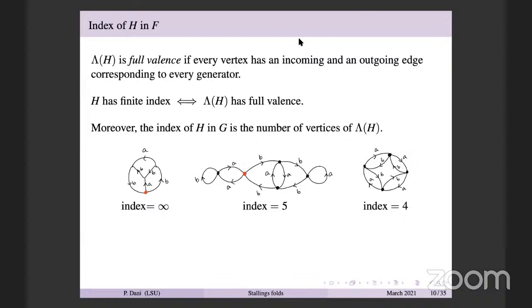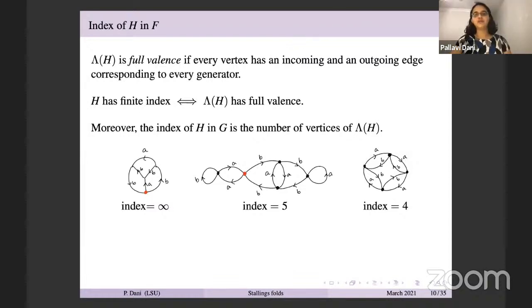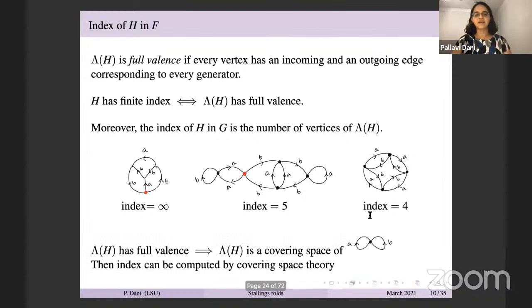Okay, thank you. Yeah, so in fact, if you remember back to covering spaces, you can see that when lambda H has full valence, then what you're describing here is a covering space of the basic example of a rose on two petals labeled A and B. And then you can just use covering space theory.